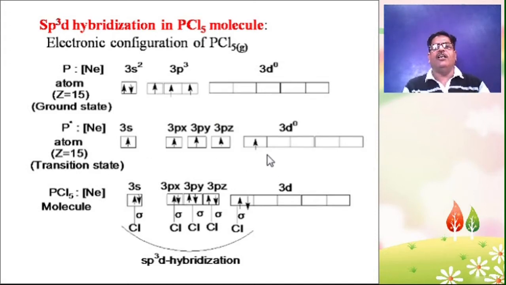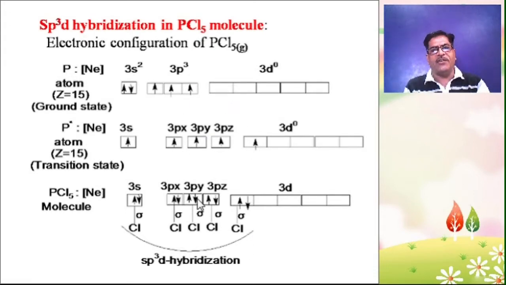These 5 unpaired electrons are available only in the transition state of the phosphorus atom. So now these 5 unpaired electrons each combine with 5 Cl atoms to form the PCl5 molecule.